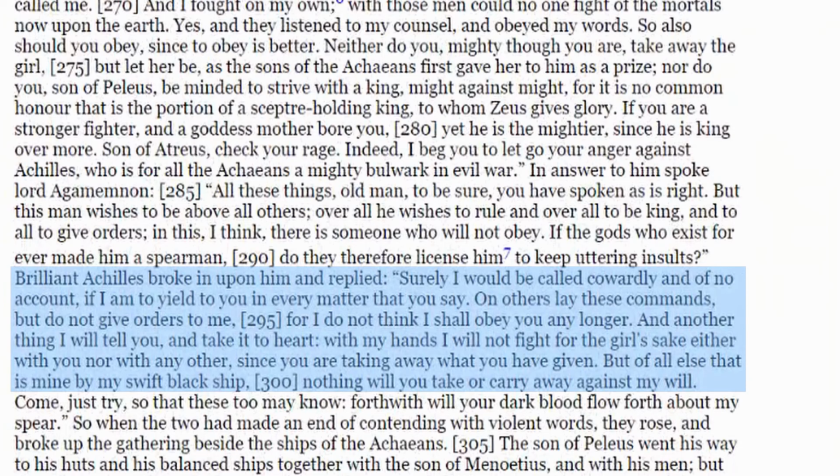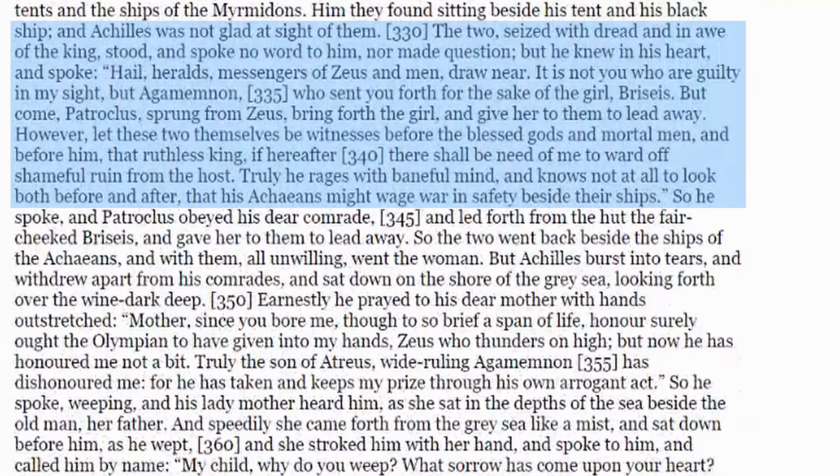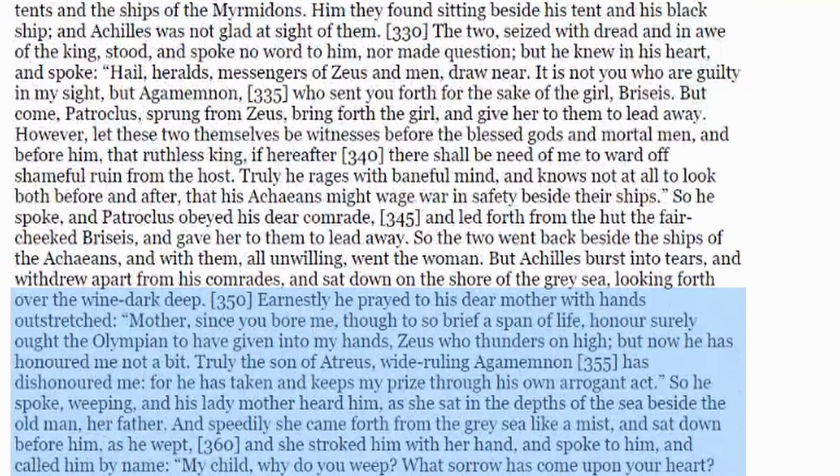All right? So the middle of book 1 describes how they come to take the girl. Achilles doesn't blame the two men that come to take the girl. He's like, I know you're just following orders. That's fine. And then Achilles prays to his mother, and we get some additional insight into why this is such a big deal.